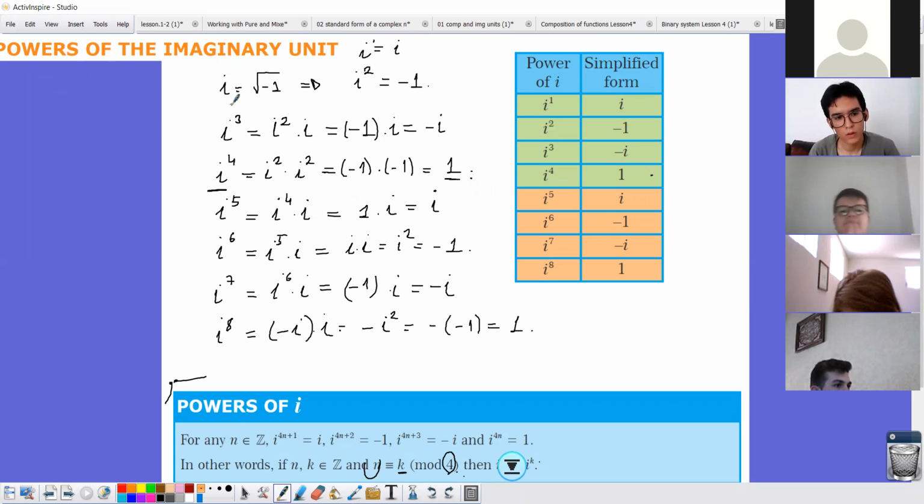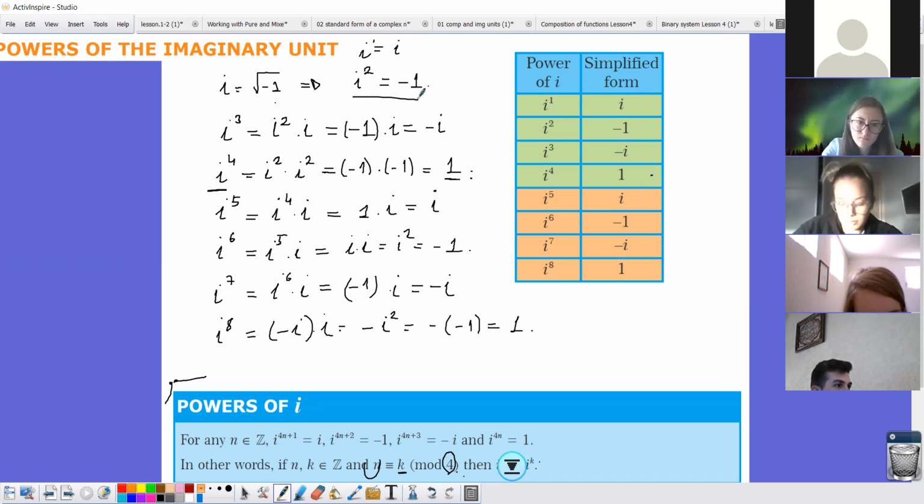We said that i is equal to root of -1, the definition of i, the imaginary unit. Do you remember? When I take the square of both sides, i squared will be -1. So with this, I found all the other powers that we found together.